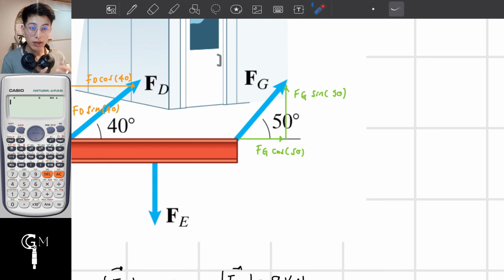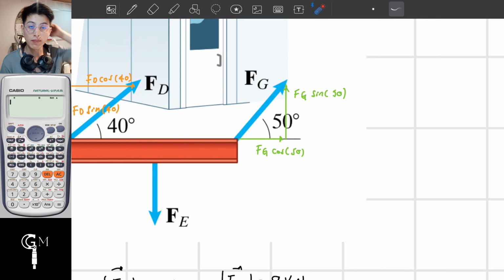Remember, the cosine of an angle within a right triangle is equal to the adjacent cathetus divided by the hypotenuse. So this is the adjacent cathetus, and right here we have the hypotenuse, which means that the adjacent cathetus is going to be the hypotenuse multiplied by the cosine of the angle. The same goes in the case of the y direction, which means the opposite cathetus.